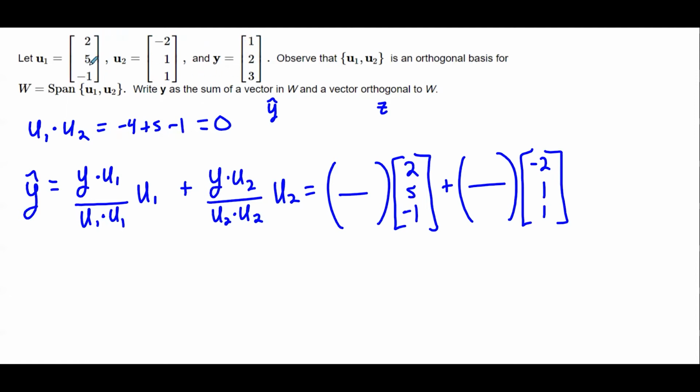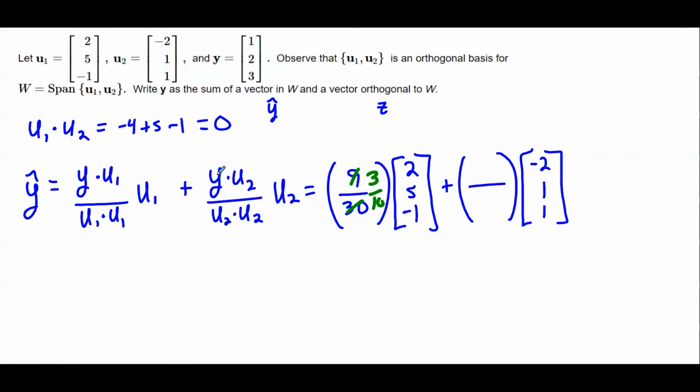So 2 plus 10 is 12, minus 3 is 9. And then u1 dotted with itself, that's 4 plus 25 plus 1, that's 30. So we could divide these by 3 and get 3/10. All right, so we'll just use 3/10.